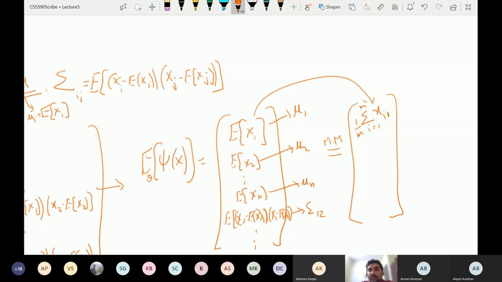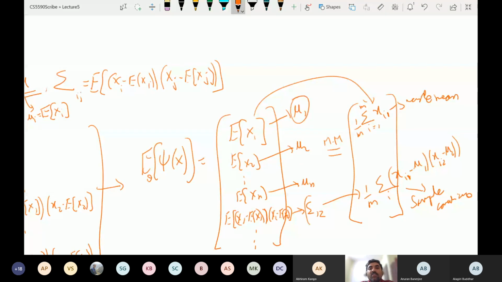And similarly this value will simply be 1 by m sum over i of xi1 minus mu1 into xi2 minus mu2. So this is nothing but the sample covariance, right? So this is sample covariance, this is sample mean. So this is the true mean and this is the true covariance.